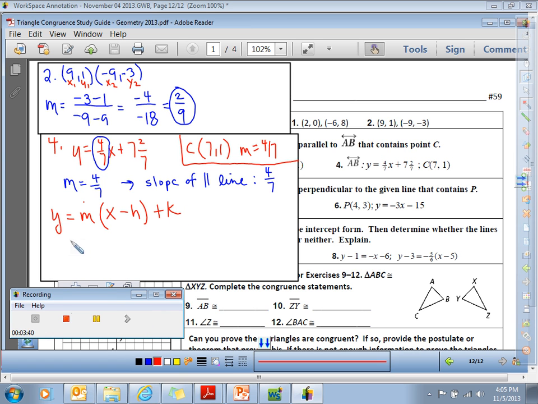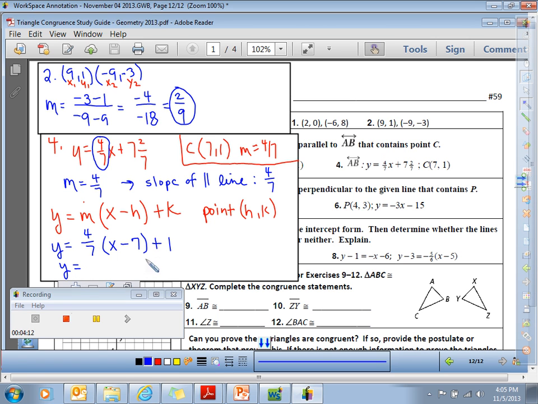Using this point-slope form, we're just going to plug in our slope, our h, and the k. Remember, the h and the k are your point. So we would say y equals 4 over 7 times x minus h, which would be that 7, plus the k, which would be 1.